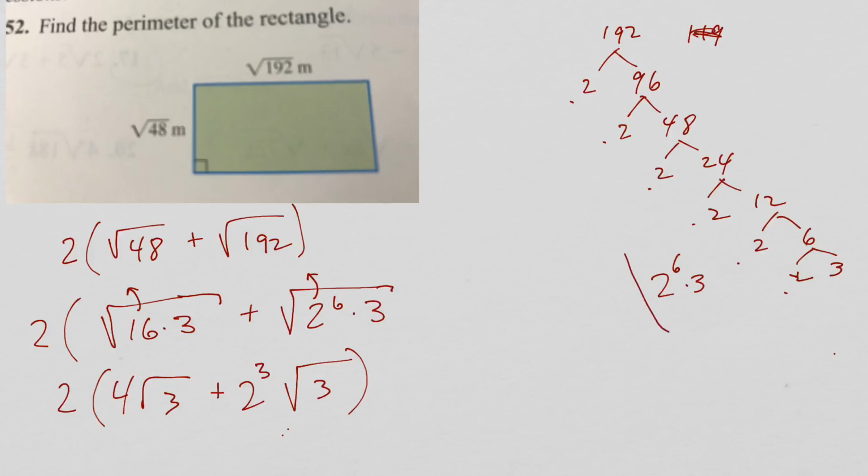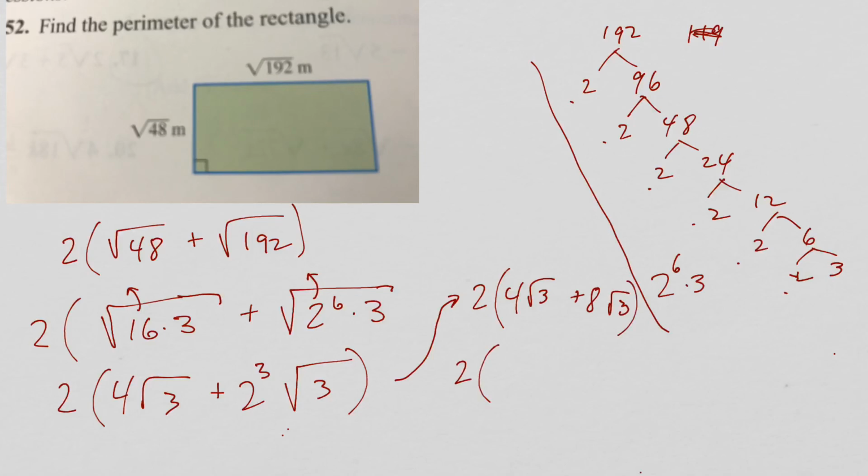I'm going to bring this up here. So this is 2 times 4 root 3 plus 8 root 3, which is 2 times 4 plus 8 is 12 root 3, which is 24 root 3.